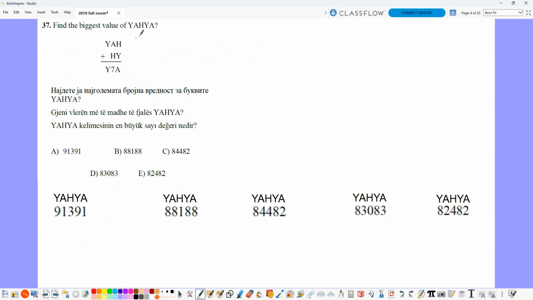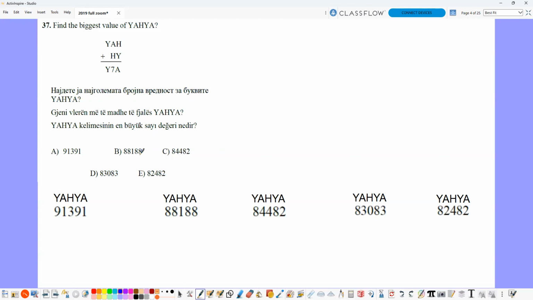Next question is about digits. Here, find the biggest value of Yahya, with respect to the given information. These are the numbers that represent Yahya. Which one is the correct one, and which one is the greatest?